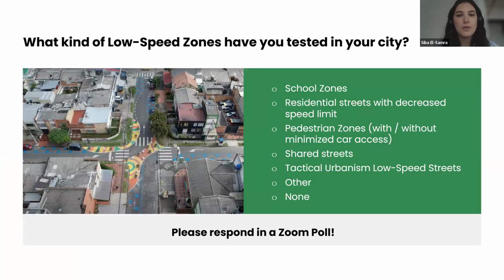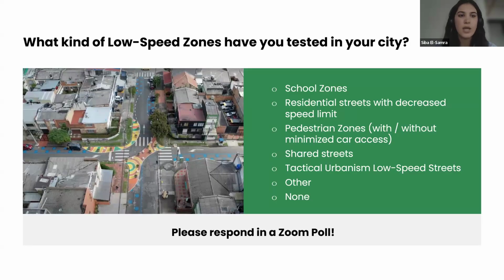What kind of low-speed zones have you tested in your city? So we want to know if you have tested any type of low-speed zone intervention. If so, what are these? We have several options here: school zones, residential streets with a decreased speed limit, pedestrian zones, whether they have minimized car access or not, shared streets, tactical urbanism low-speed zone streets.